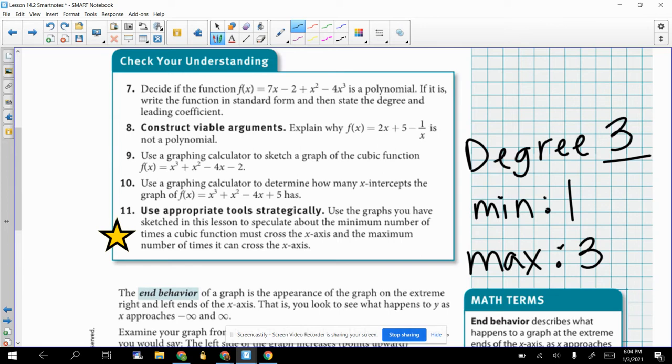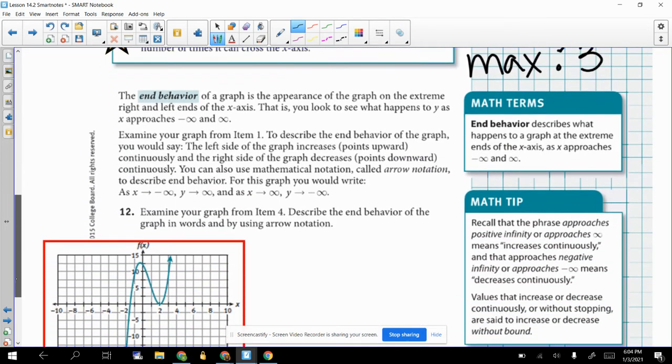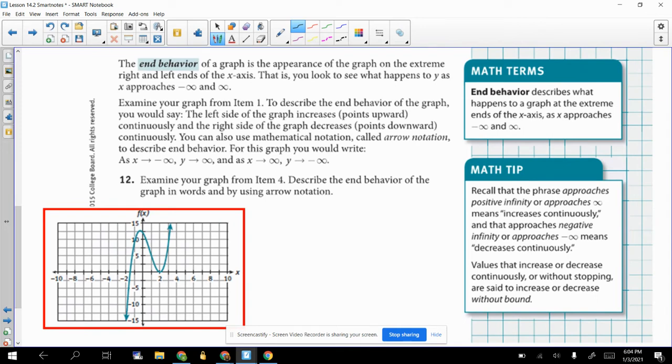Okay, all right, awesome. So next thing we're going to talk about here is the end behavior. The end behavior describes what happens to the graph at the extreme ends of the x-axis. So basically, as x approaches negative infinity and as x approaches positive infinity, what is happening to y?